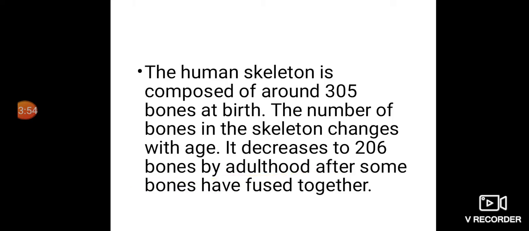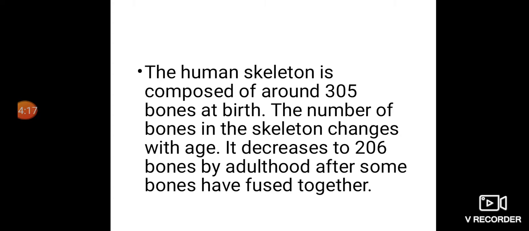Human skeletal system. So the human skeleton is composed of around how many bones at birth? 305 bones at birth.